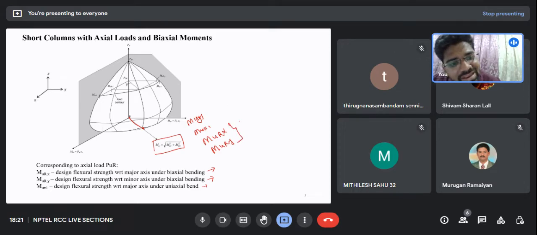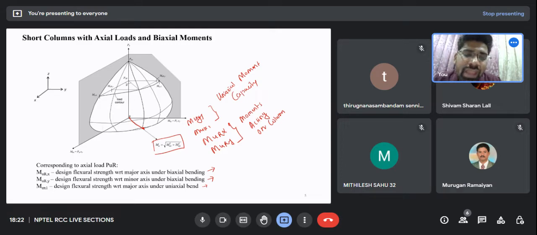These two are biaxial moments along the major axis and minor axis, or better I should say, these are the moments which are acting on the column. And these are the uniaxial moment capacity.